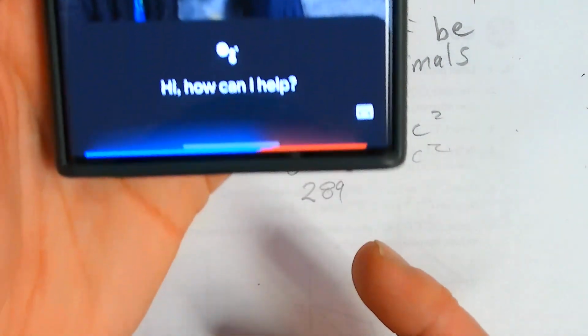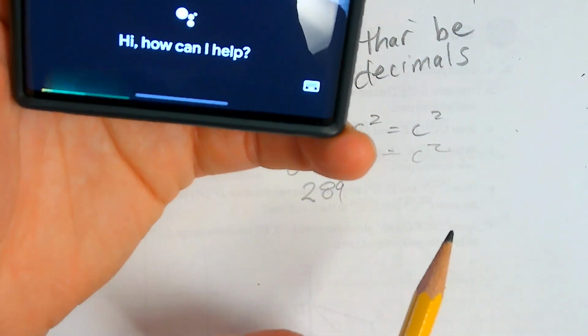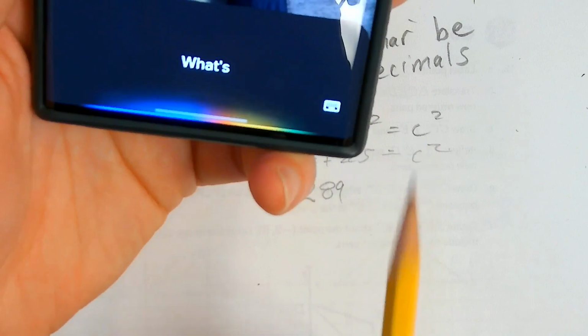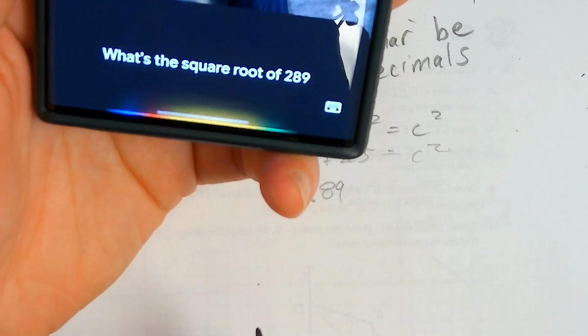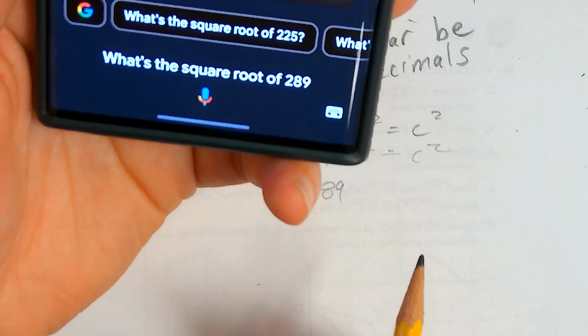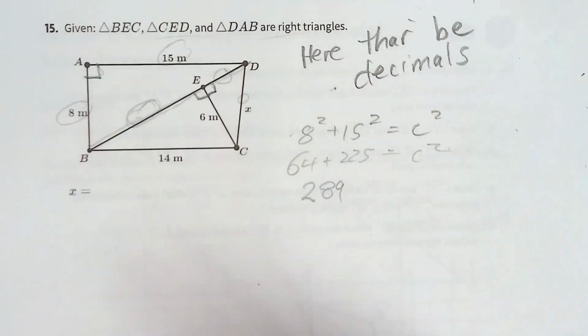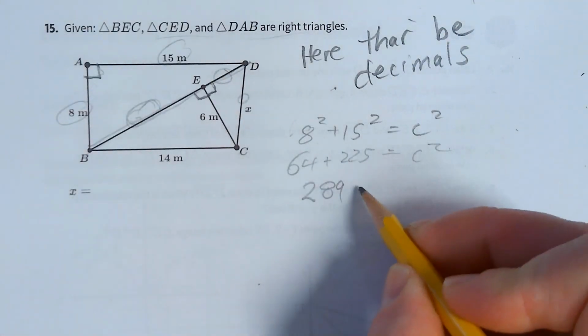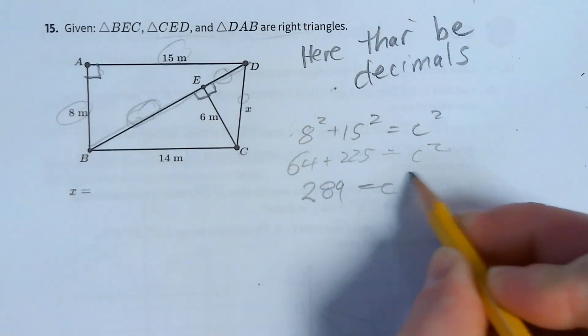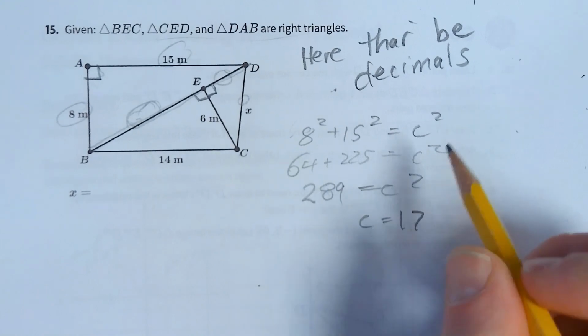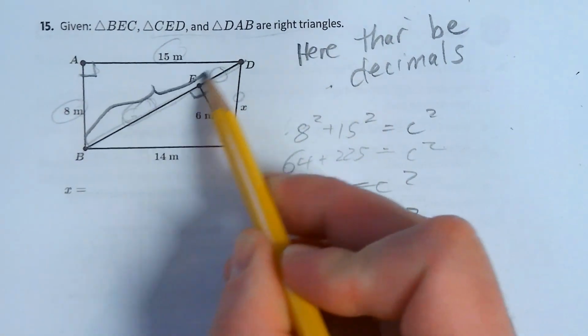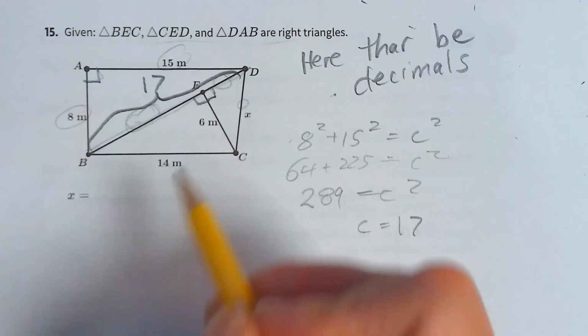This is great content. Hey Google, what's the square root of 289? The square root of 289 is 17. Ah, so we're starting off good. So this whole thing is 17.